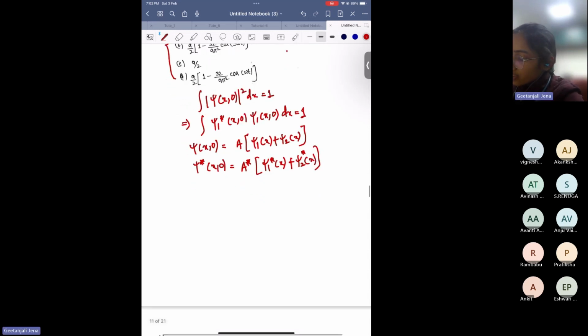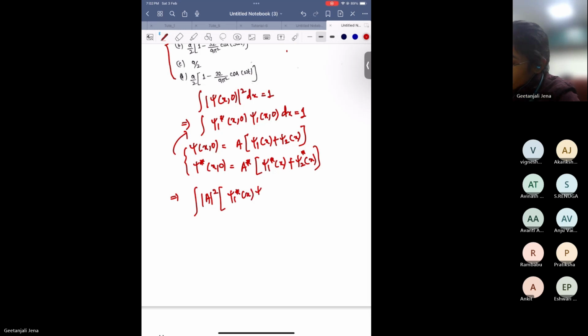So just put this equation in the above form. This will give A star times A, which is A square, and there will be psi1 star x plus psi2 star x, times psi1x plus psi2x, dx equal to 1.